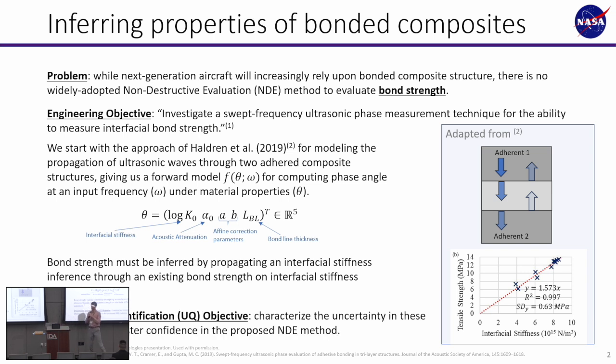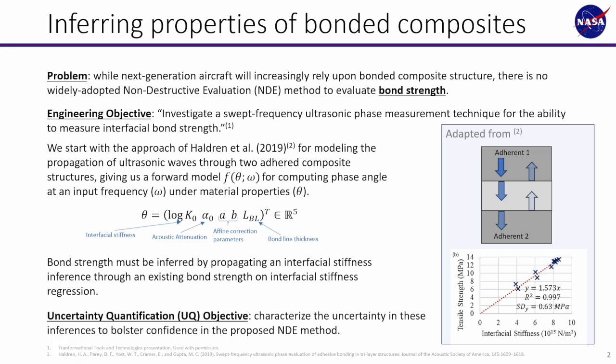Another interesting wrinkle in this problem is, as you can see in our parameter vector, this is not just a straightforward inference problem or inverse problem where we are looking to take some measurements and say something about interfacial stiffness. We're actually interested in bond strength, or tensile strength as it's called on this bottom plot. This is a plot again from this Haldren paper.